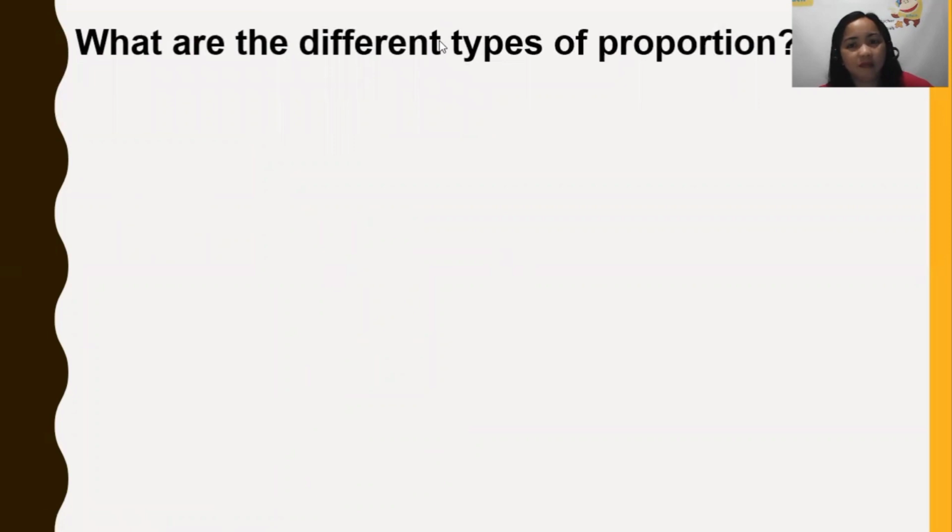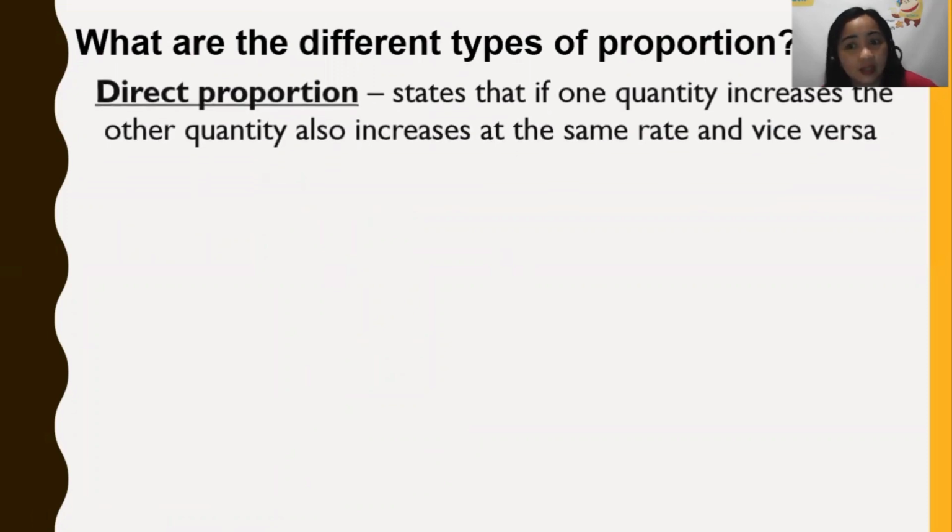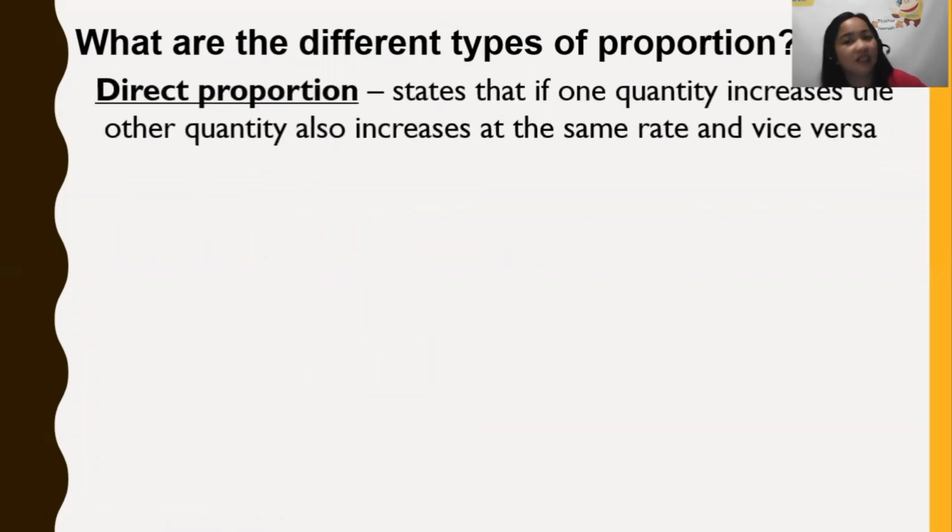So, now, let's sum up our lesson. What are the different types of proportion? So we have direct proportion. It states that if one quantity increases, the other quantity also increases at the same rate and vice versa. So anong mga example nito? So balikan niyo yung ating problem.